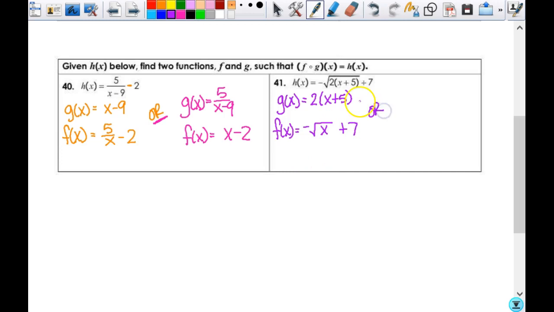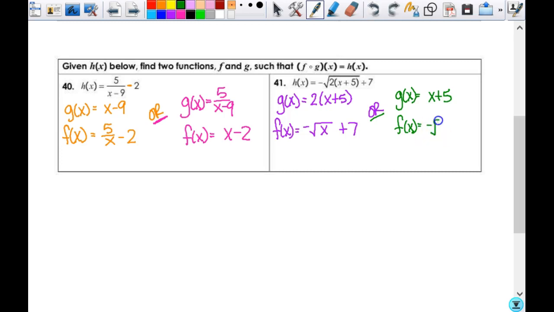Or I could say that g of x is equal to just x plus 5, which means that f of x would be equal to negative, it's catching up. I forgot my square root sign. It's thinking about taking the 2 away for me.